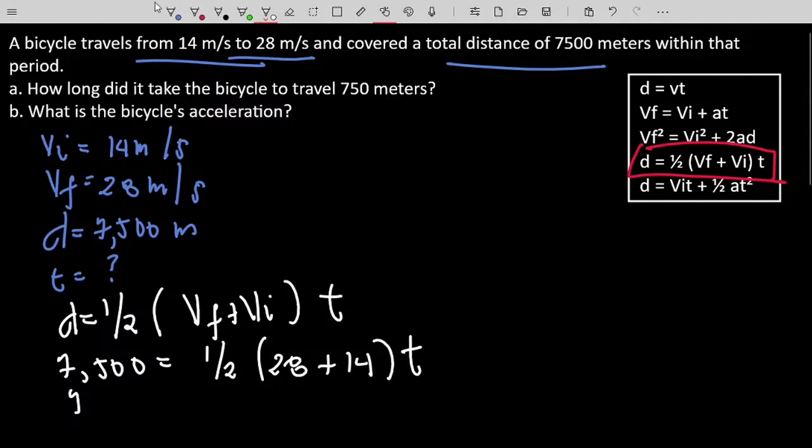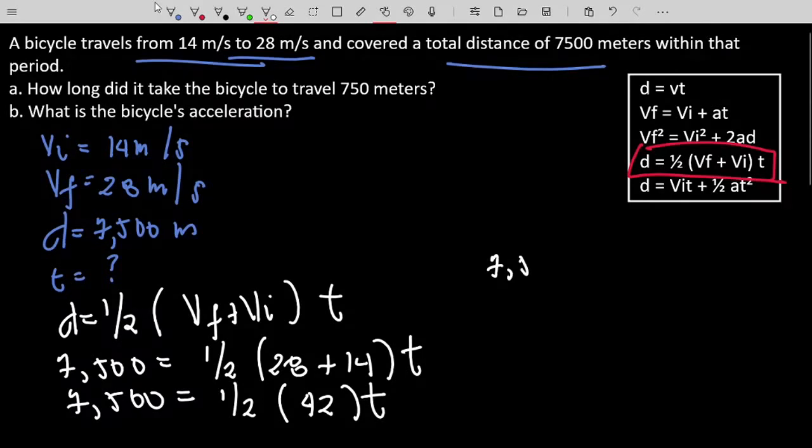Now 7,500 is equal to 1/2 multiplied by 28 plus 14, then we should have the value of 42 multiplied by time. Now 7,500 is equal to 1/2 multiplied by 42, then we should have the value of 21 multiplied by time. Now we have to again isolate this time by dividing both sides by 21.